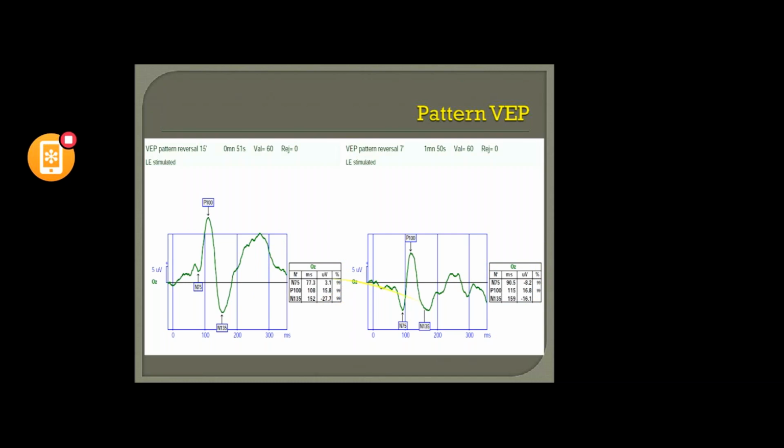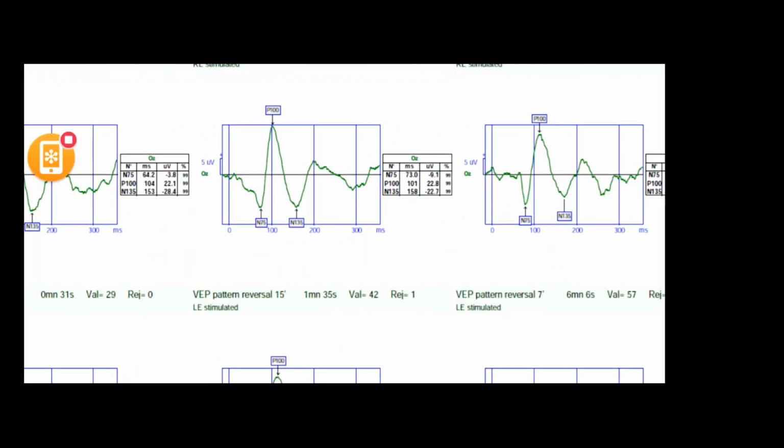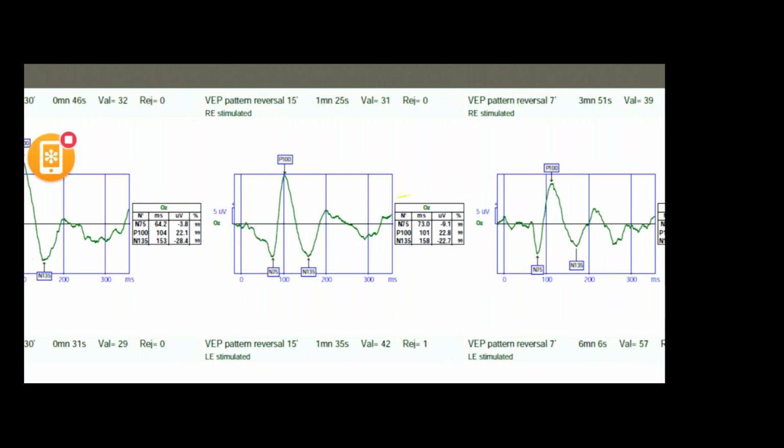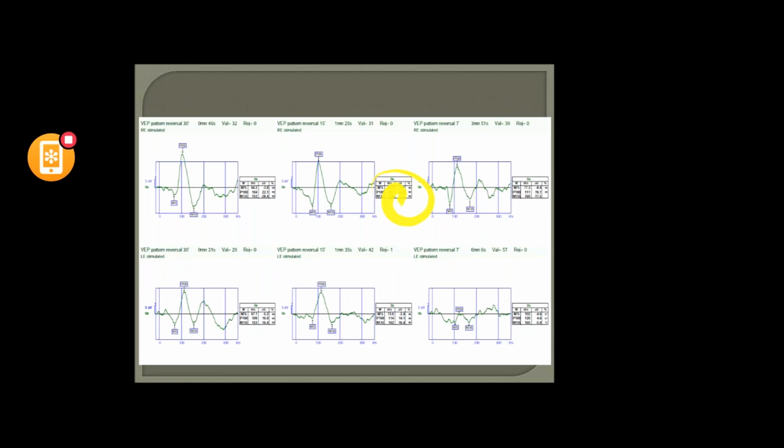But on the other hand, you see this is from the right eye and this is from the left eye. In the right eye, all the amplitudes are in normal range if you compare with these parameters. You can see that these are within the range, these are within the range, and these are within the range. But on your left-hand side, this is within range, this is within range, but this is reduced.